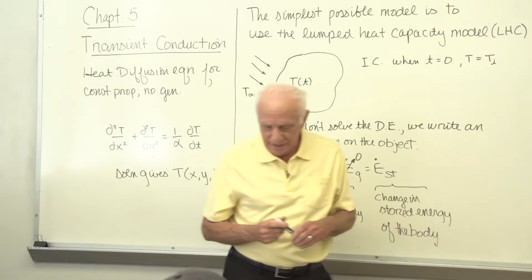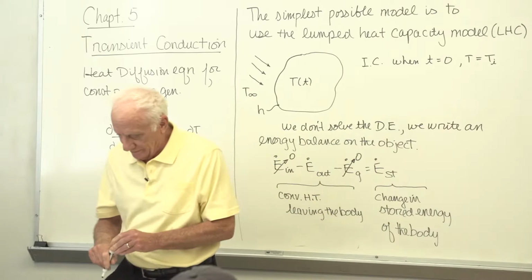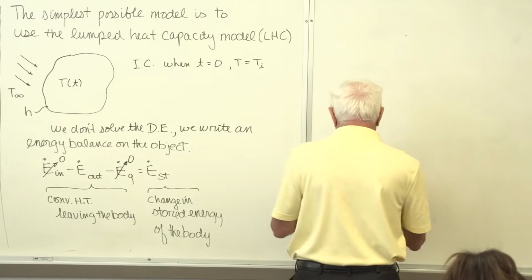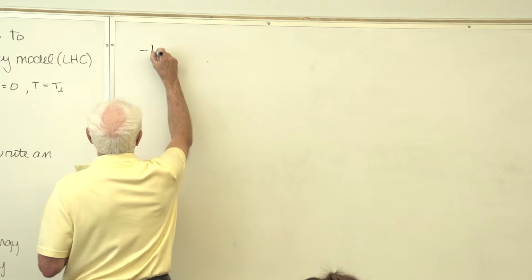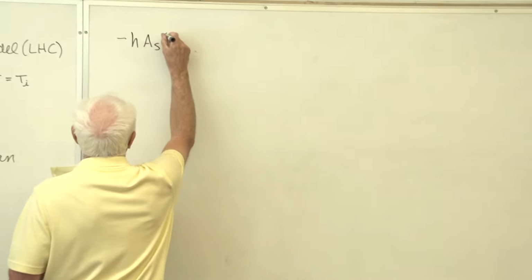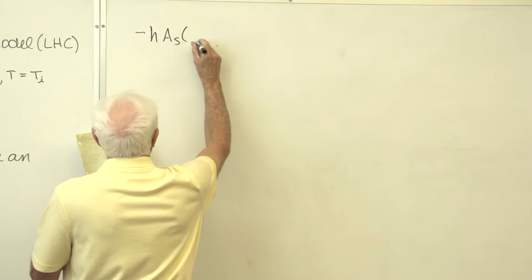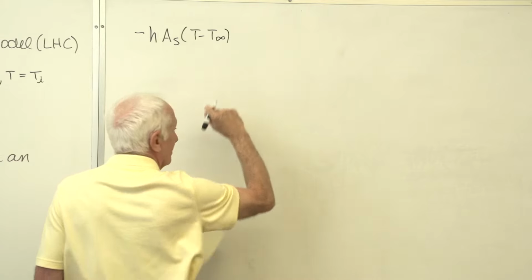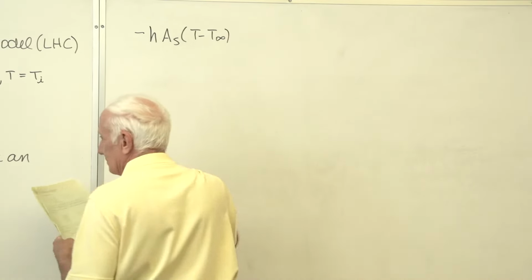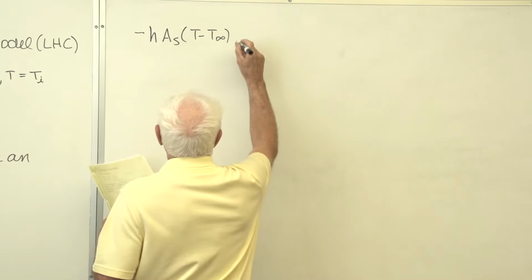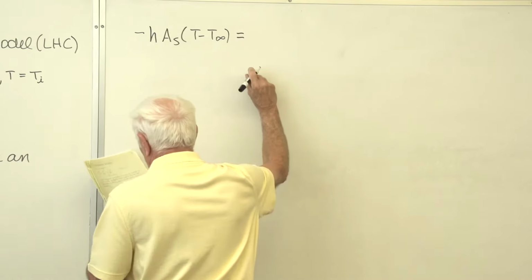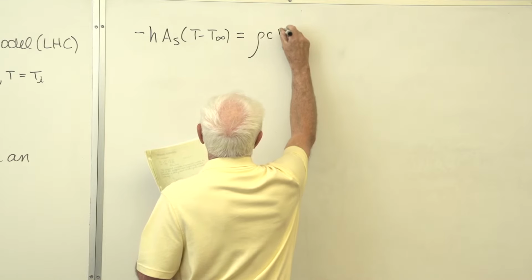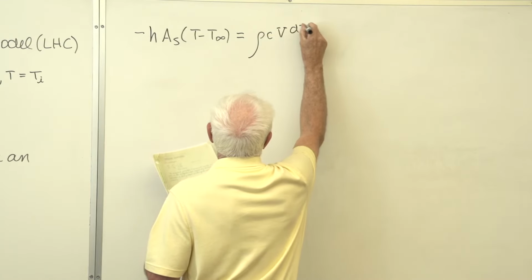So we can then write down what the convection is and the change in stored energy. We have convection, minus h A_s (T minus T infinity). Just to review chapter 1, convection heat transfer, Newton's law of cooling, equal to the time rate of change of stored energy, rho c V dT/dt.